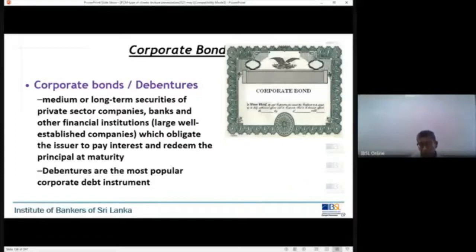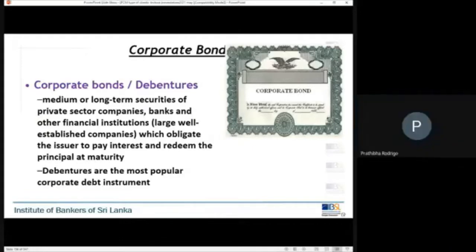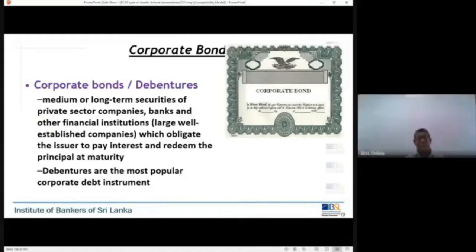Can you tell me another bond you learned other than the corporate bond or debenture? Treasury bond. Good. So what is the difference between a corporate bond or debenture and the treasury bond?